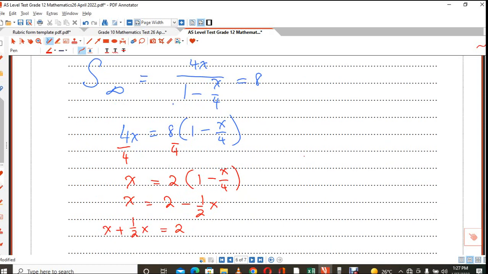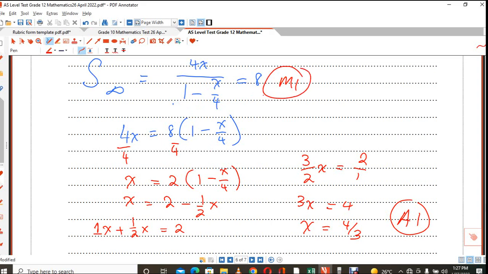That gives me 3 halves, because remember, this is like 1x, right? Like 2 over 2. Of x equals to 2 over 1. Cross multiply, 3x is equal to 4, x is equal to 4 over 3. This is an A1. For equating, here, where are we? This is another method. That's 3 marks so far.